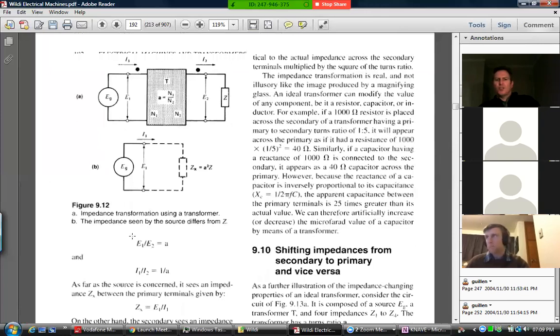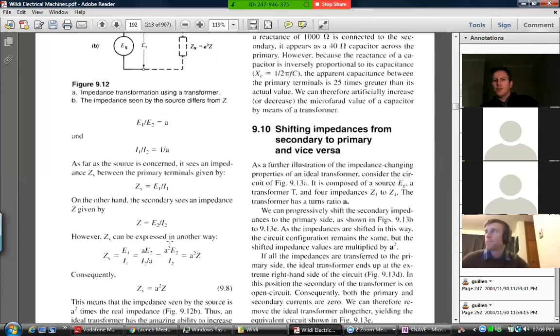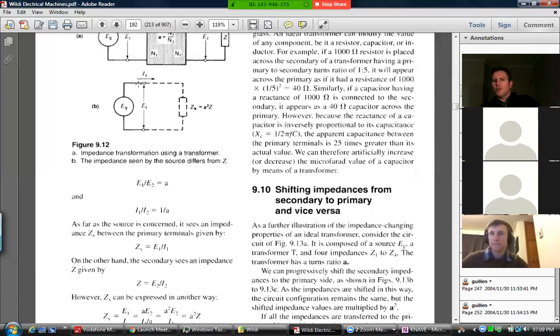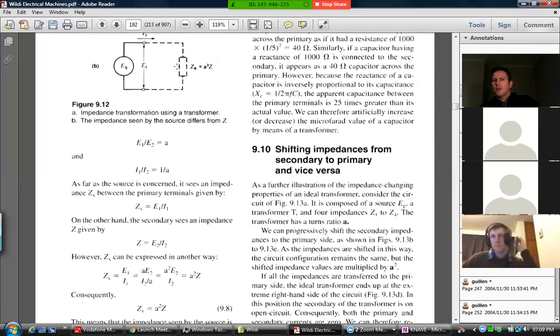So if you work this out, because of these various ratios, you end up with this: if you take a real load from the secondary side and you want to draw an equivalent circuit where you take the transformer away and just draw a simple circuit like that, if we multiply that load by A squared, where A is the turns ratio, we'll come up with an equivalent impedance.